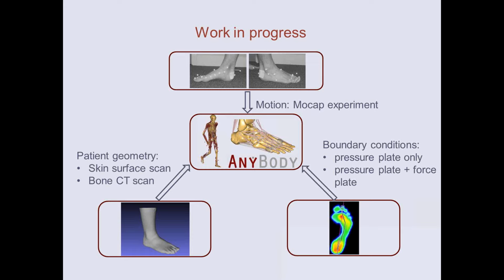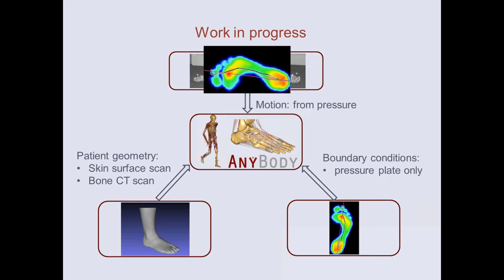Now if we look a little bit into the future and the work in progress, I said several times the motion comes from the mock-up experiment, and we are now working on an alternative way to provide the motion, which would be using plantar pressure instead of the mock-up experiment.